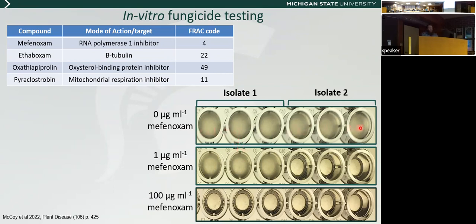They both have abundant growth in the 0 ppm control, while only isolate 1 is abundantly growing in the 1 ppm of mefenoxam. So this isolate would be less sensitive to mefenoxam than isolate 2. Meanwhile, we see no abundant growth in the 100 ppm, so neither of these isolates is likely truly resistant. This is an example using Pythium, not Phytophthora.